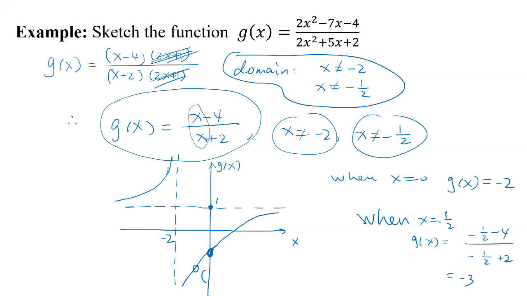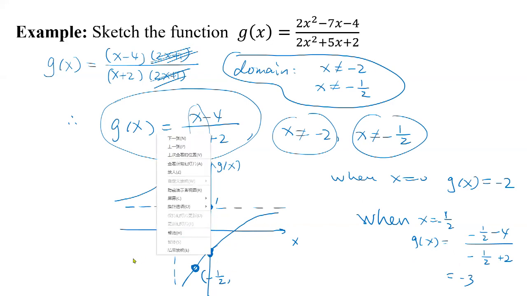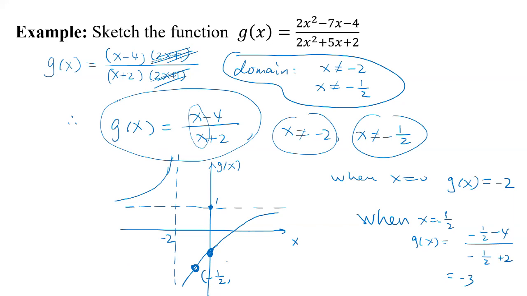So we need to remove this point here. You need to put a circle here. That means g(x) cannot be the point there, which is (-1/2, -3).